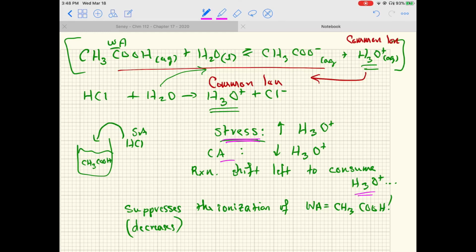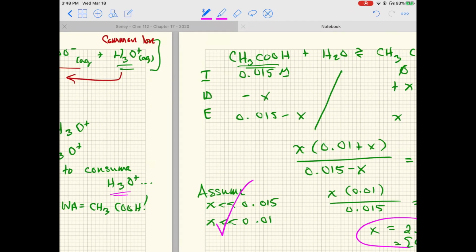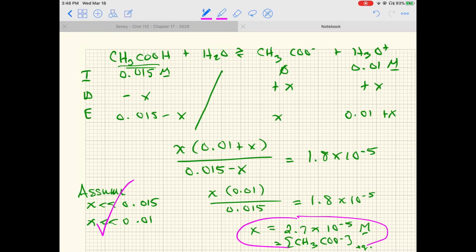So if that's the case, if there is no H3O plus from your hydrochloric acid, then should the acetate concentration be greater than, equal to, or less than when there is some present? So in essence, for this problem, we'd say, is it greater than or less than 2.7 times 10 to the negative fifth?